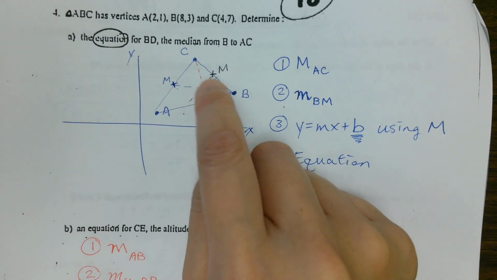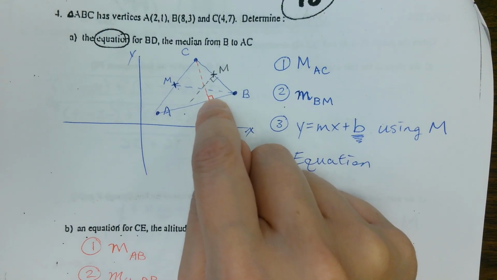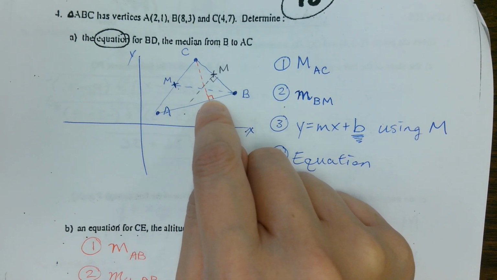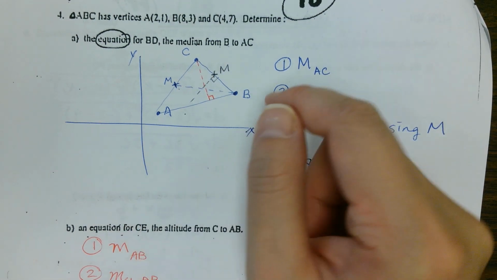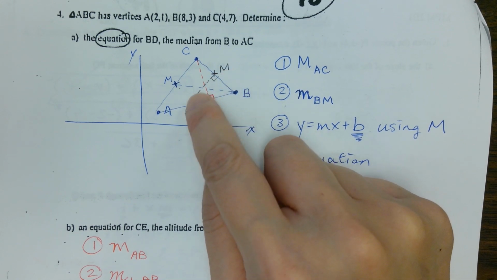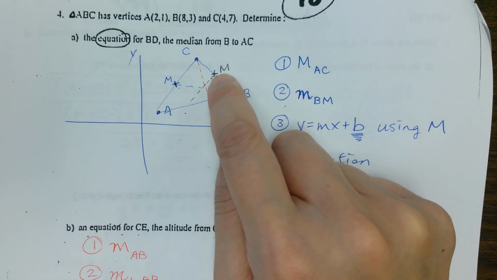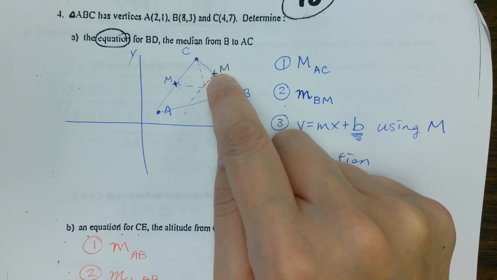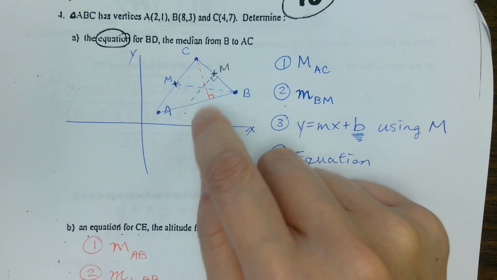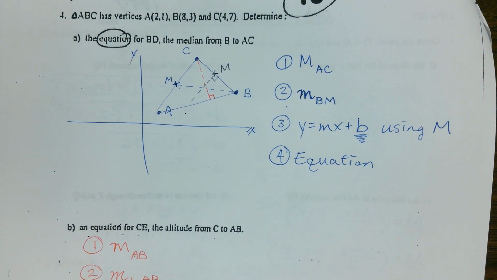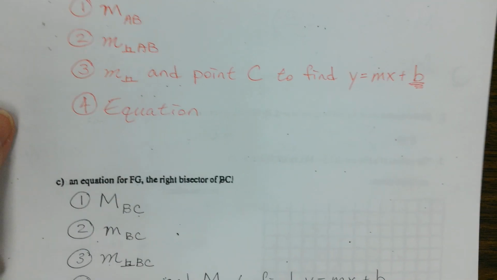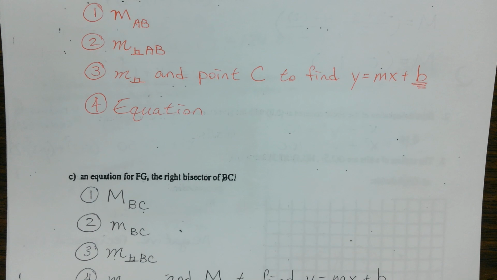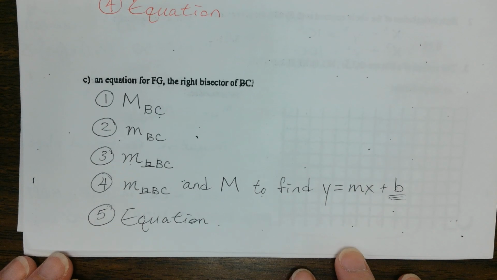For the altitude, I need a point that's on this red line, which is point C, so I would use C. For the perpendicular bisector, I want a point that's on this black line, and the midpoint is the only point on the black line that I know, so I would use M. Make sure you refer to your diagram to check that the point is on that line before you use it.